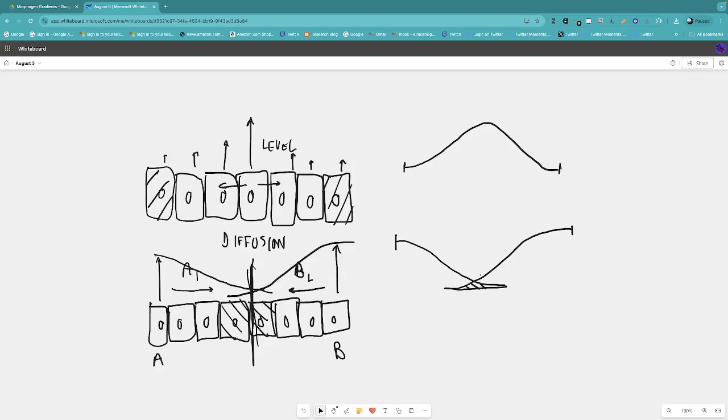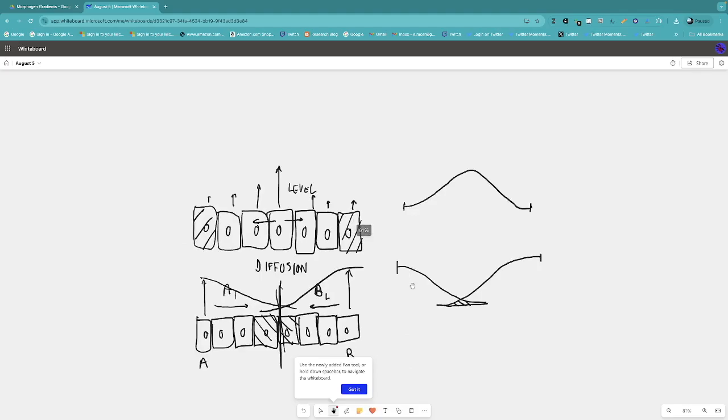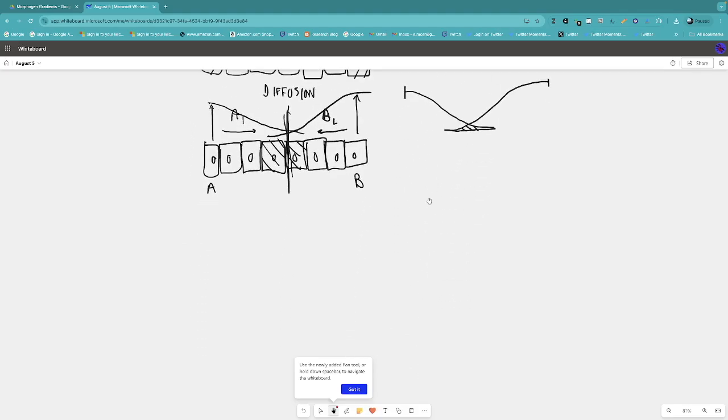And then oftentimes in something like an embryo, you'll have a sharp boundary that forms.